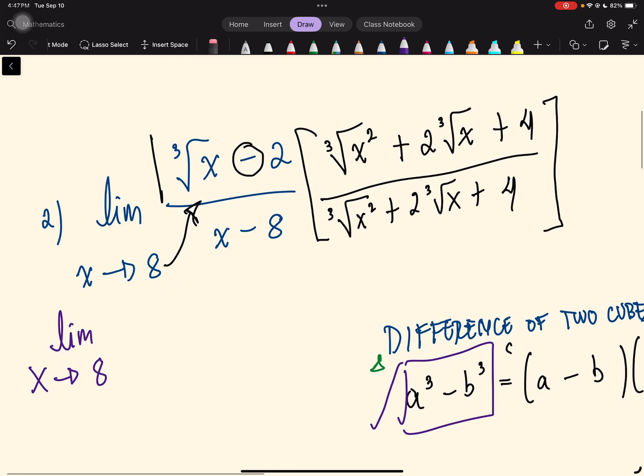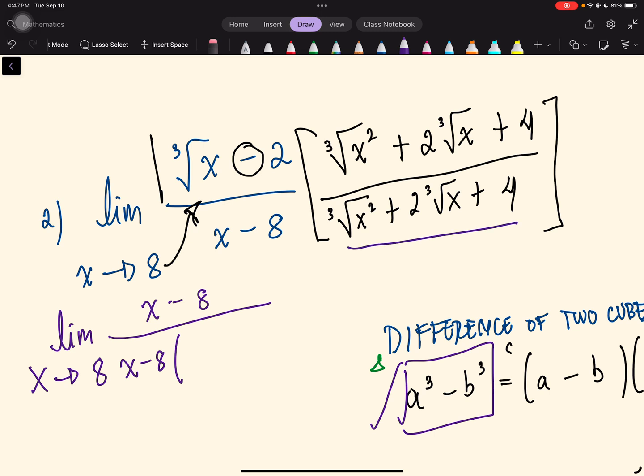It's going to be x minus 8 all over x minus 8 times this one, because we multiplied it there, don't forget about that one: cube root of x squared plus 2 cube root of x plus 4.